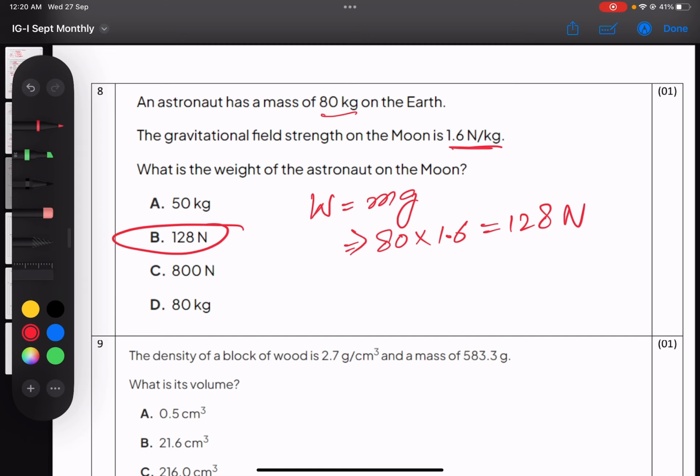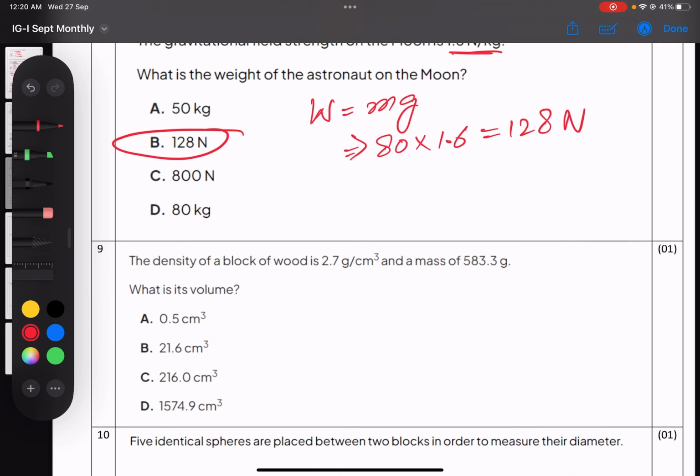Question 9. The density of the block of wood is this and the mass is this. You have to find the volume. We know that density is equal to mass divided by volume. Volume is in the denominator, so you have to shift this volume to the left hand side. So density multiplied by volume is equal to mass. Now we need to shift this density.